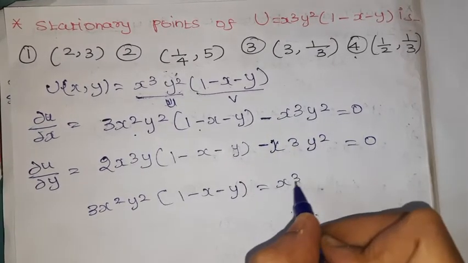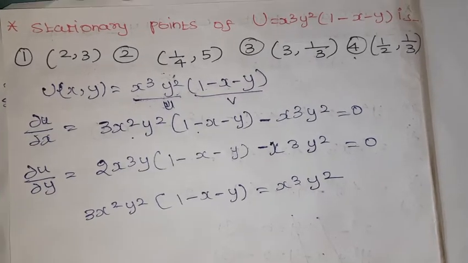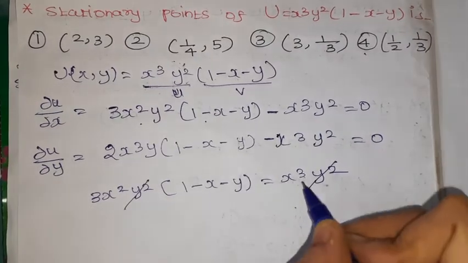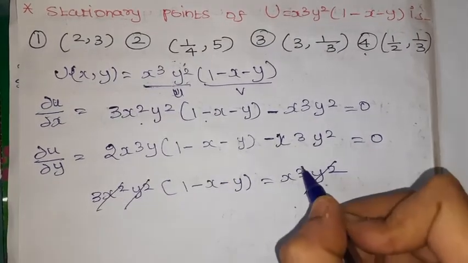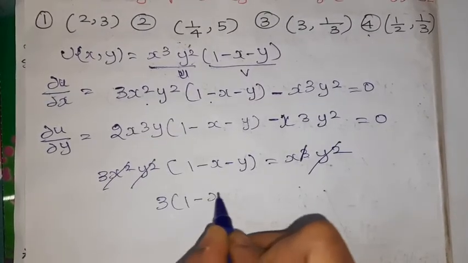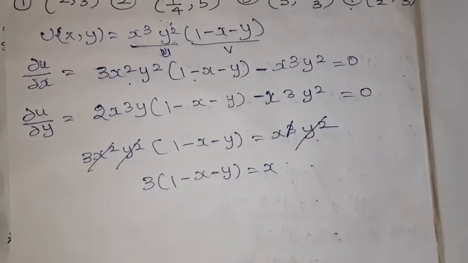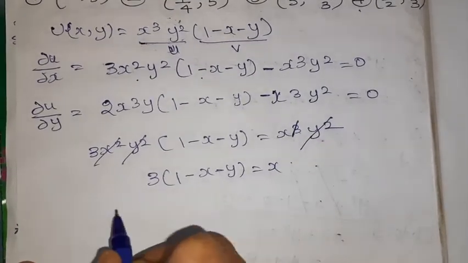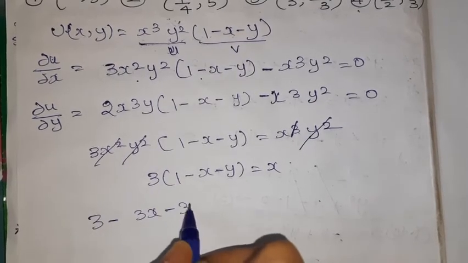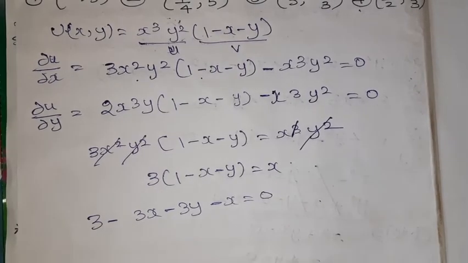Now by cancelling, y² and y² get cancelled, and x² and x³ leave x alone, so 3(1 − x − y) = x. Bringing everything to one side and multiplying inside: 3 − 3x − 3y − x = 0.